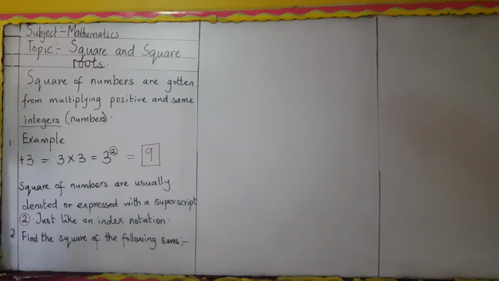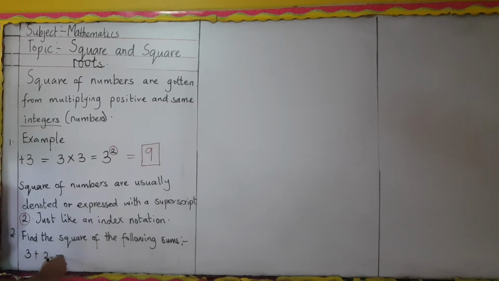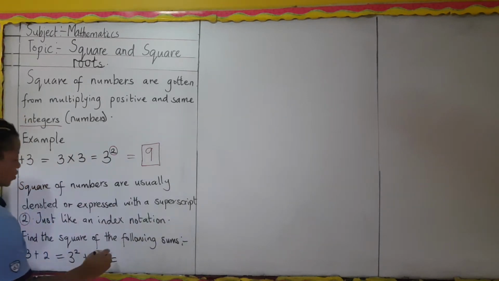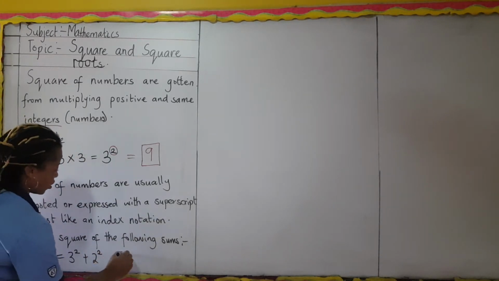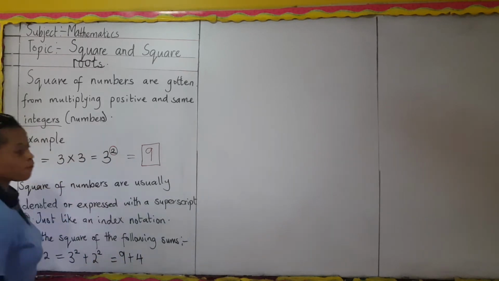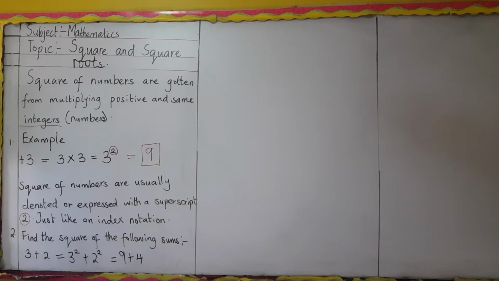Now look at it. This is very simple on its own. So I'm going to give you this. We have 3 and 2. This will give us 3 superscript 2 and 2 superscript 2. The 3 superscript 2 will give you 9. Plus 2 superscript 2 will give you 4. Hope you are paying attention to the class.